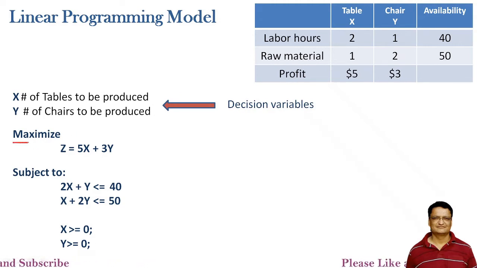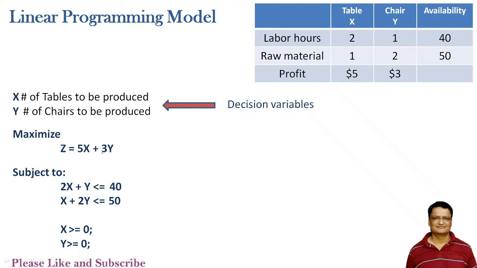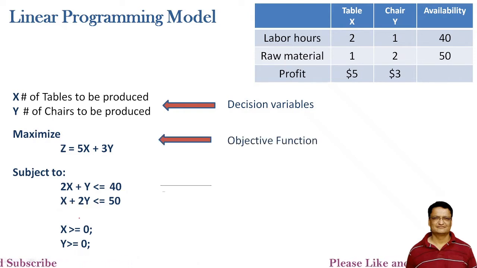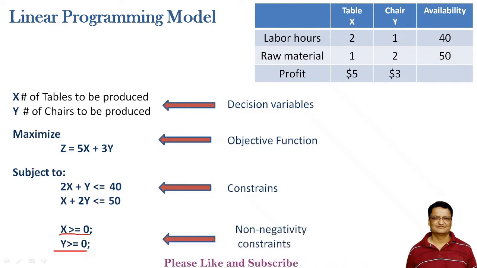Now we need to maximize the objective function, and the objective function is given with this equation where 5 is the profit made by selling one table and 3 is the profit made by selling one chair, which is subject to the constraints. The first constraint is related to labor hours, the second constraint is related to the raw material, and there are two more constraints which we call non-negativity constraints, as the value of chairs and tables cannot be negative.